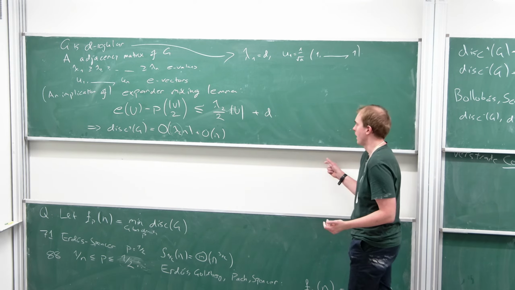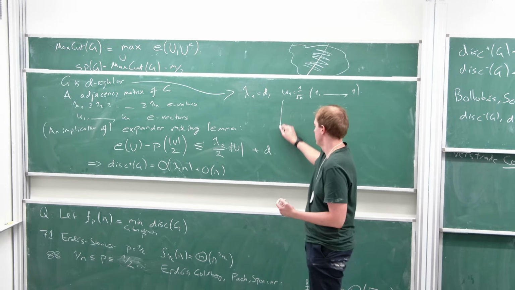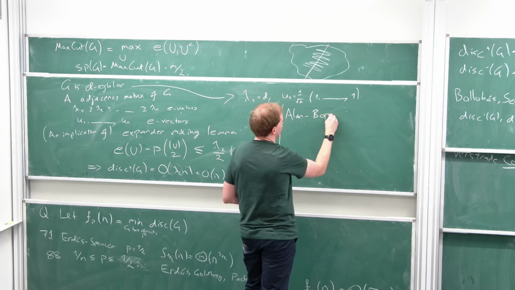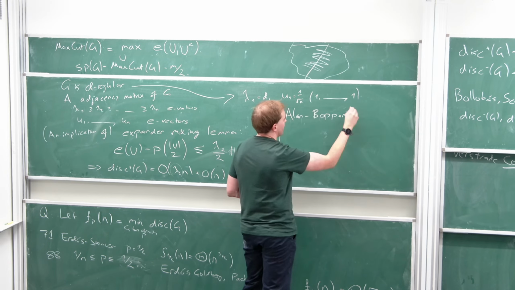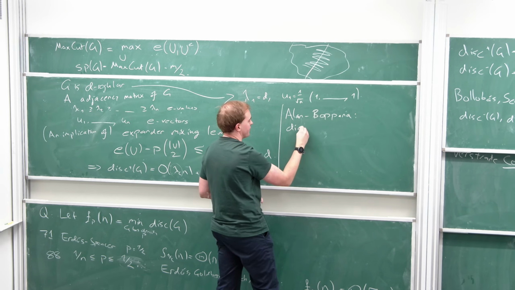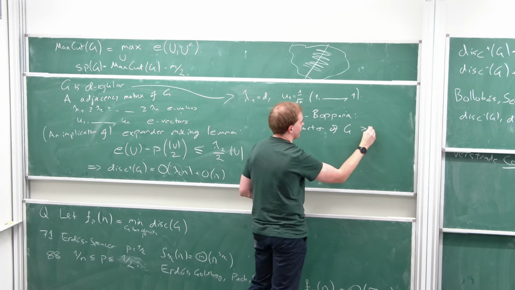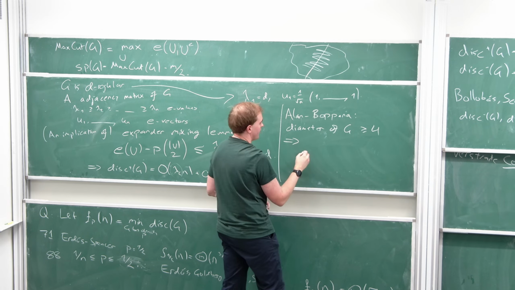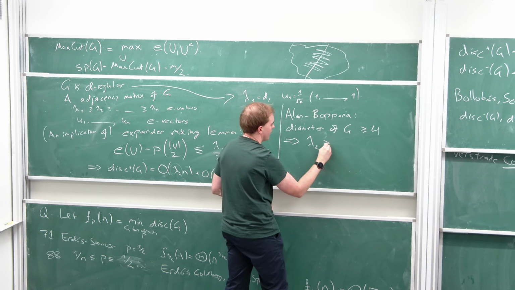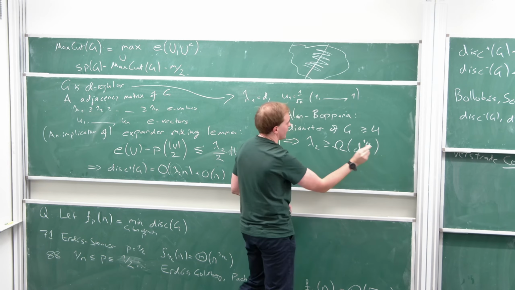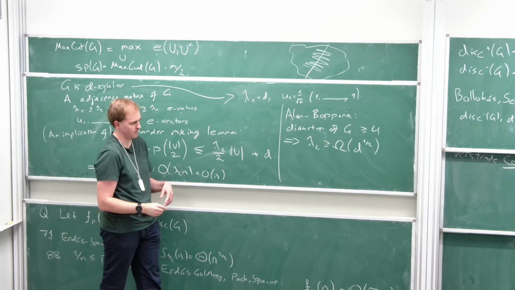So what's known for lambda 2? The Alon-Boppana theorem states that if the diameter of G is at least 4, then lambda 2 is at least a multiplicative constant times the square root of d.